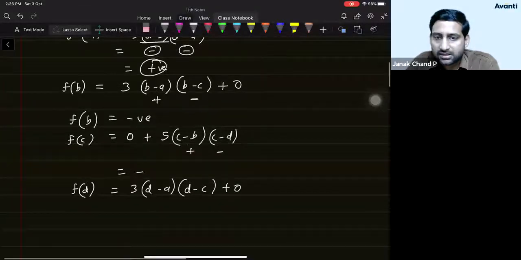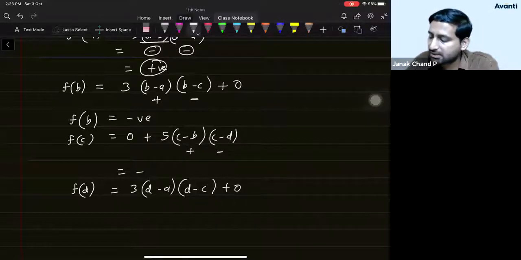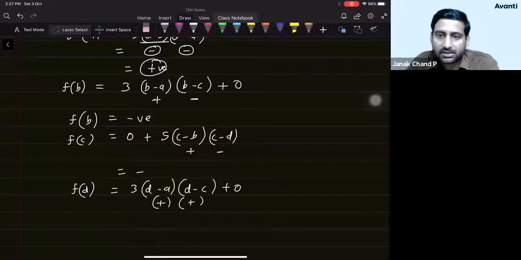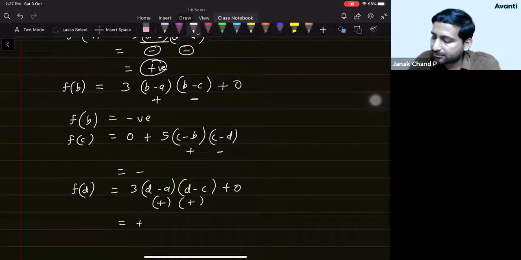Any conclusion, student? What can I say? The value we cannot say, but we can surely say that this is positive into positive. Why? Because D is the biggest number, so a bigger minus smaller and a bigger minus smaller are positive. So the final thing is, student, f of D is positive.